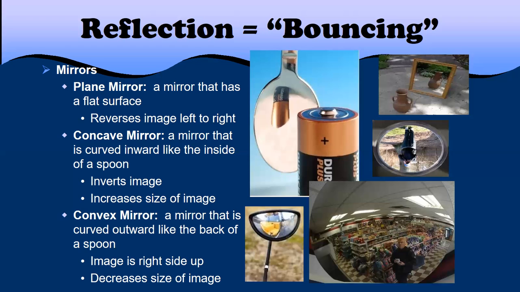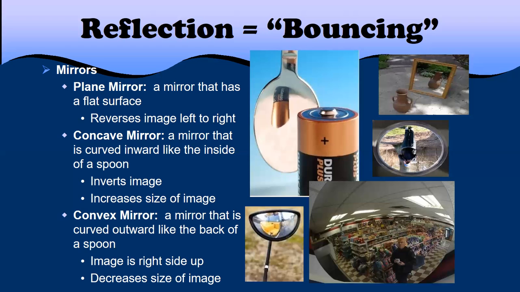Think about a spoon. You see that spoon right here? This spoon has a concave shape because it is inward. So remember that, because look at this battery sitting in front of it. A concave mirror is a mirror that is curved inward like the inside of a spoon. So think about a concave like a spoon.